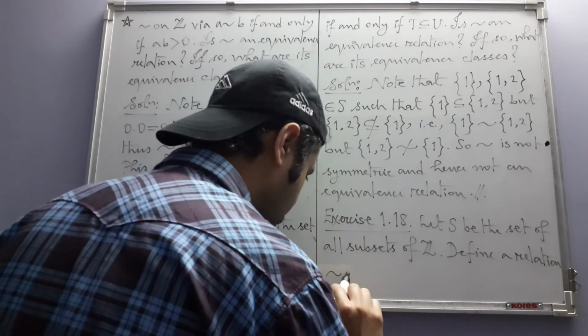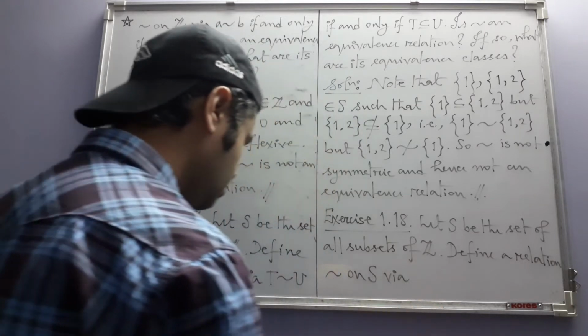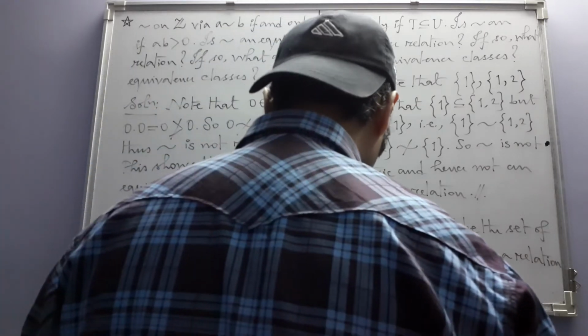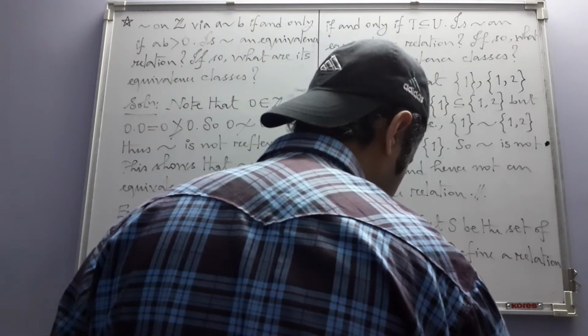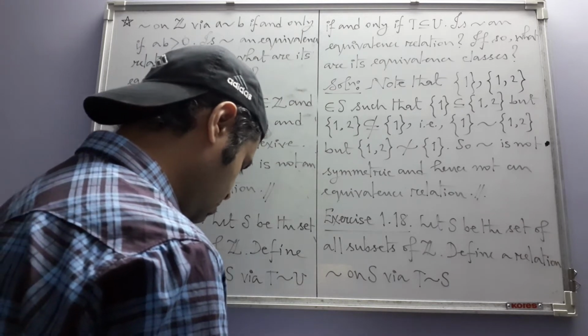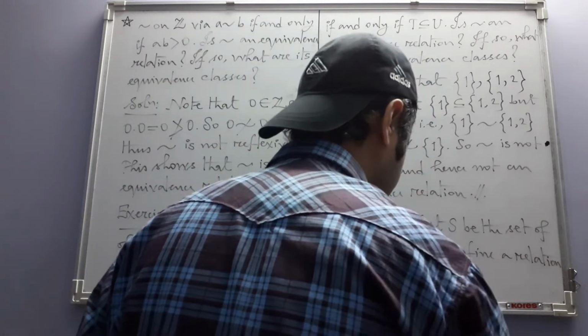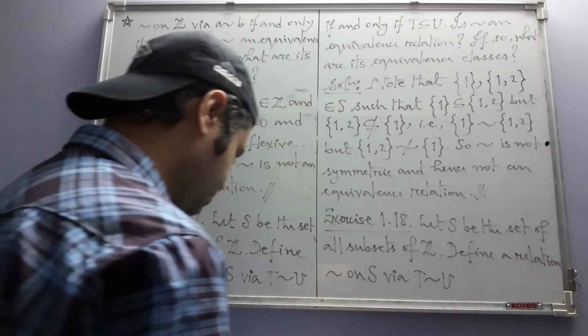Define a relation tilde on S via this rule. T and U are two subsets. Sorry, this is not S, this is U, because S has already been taken here.